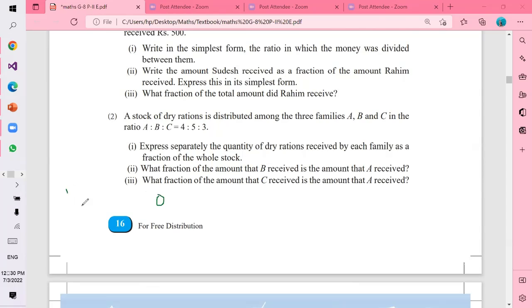in a fruit basket there are oranges and apples. When we take oranges and apples, the ratio is 4 to 5. The question is, represent the ratio of oranges out of the total into a fraction. That means how many oranges are there out of the total number of fruits. For that, first you need to take the total as the denominator.